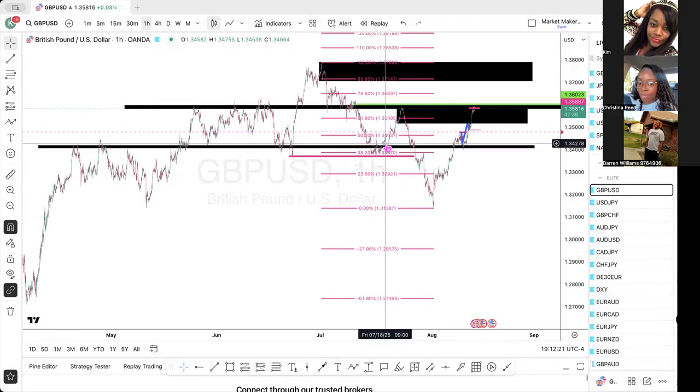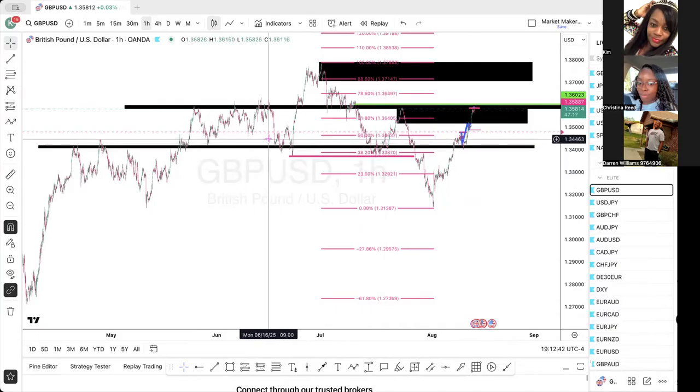Do I have to? No, I don't have to. But it gives you more clarity of where price is going. Support and resistance are magnets for where price is leaving and where price is going.